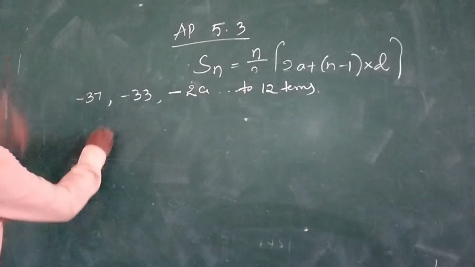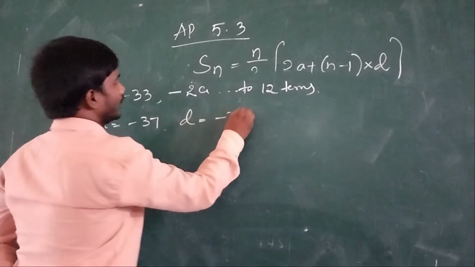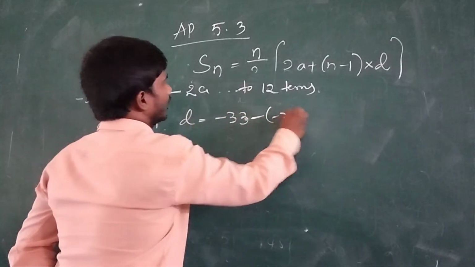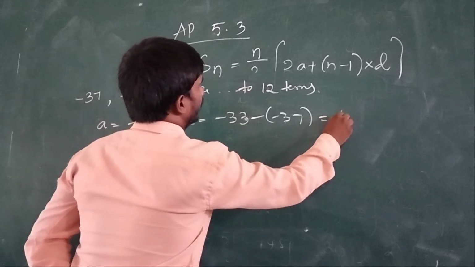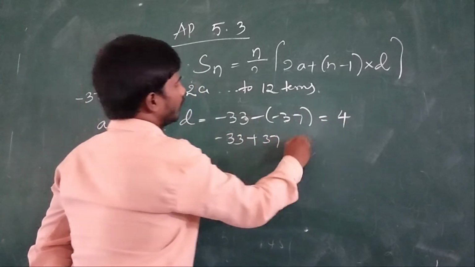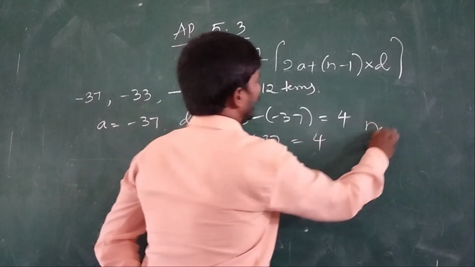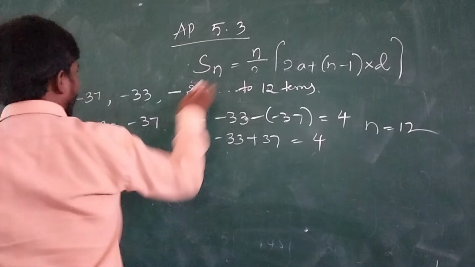What is the first term? a is equal to minus 37, d is equal to minus 33 minus of minus 37. It means plus 4. How plus 4? Minus 33 plus 37 is equal to plus 4. So the common difference is 4, and the number of terms is 12.